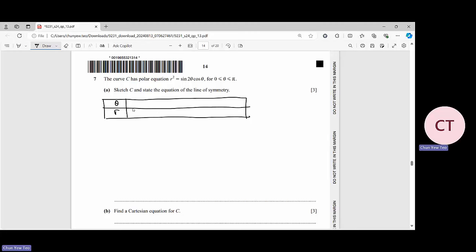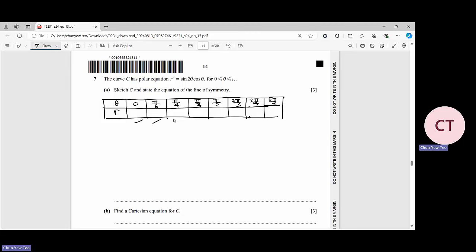This is the theta, this is the R. So we just need to put the 0 here, then pi over 6, pi over 4, pi over 3, pi over 2, and after that you have 2 pi over 3, pi over 4, pi over 6.